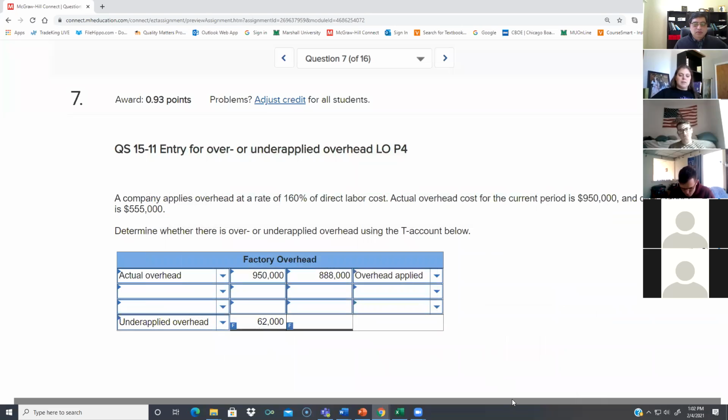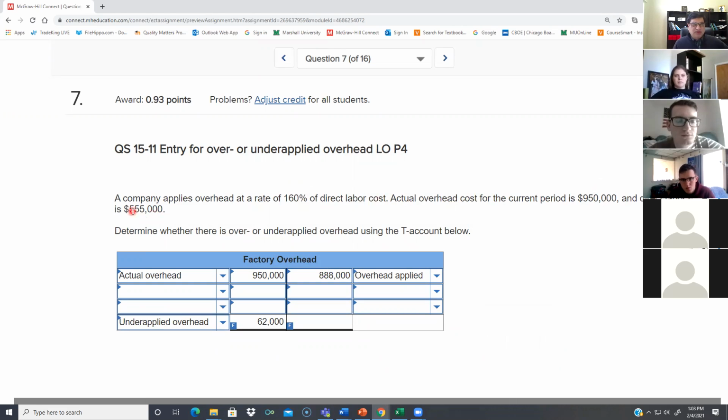So here is a situation. The company applies overhead at the rate of 160% of the direct labor cost. Actual overhead incurred is 950,000.